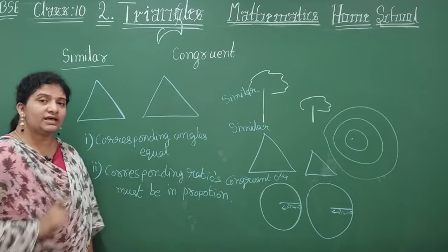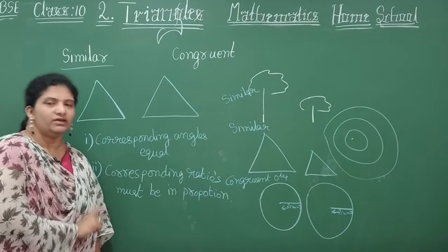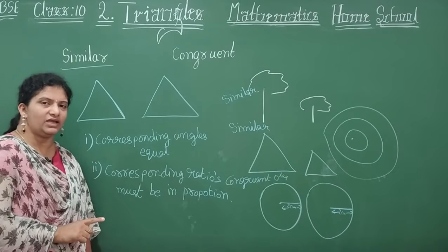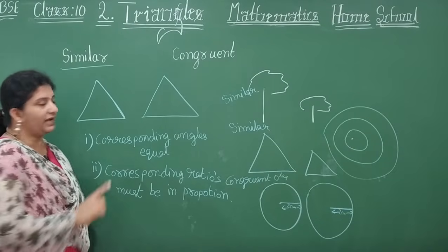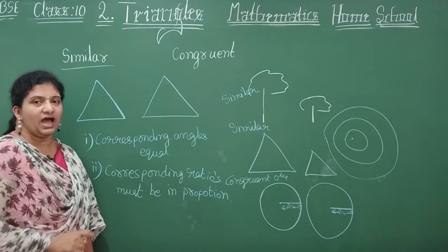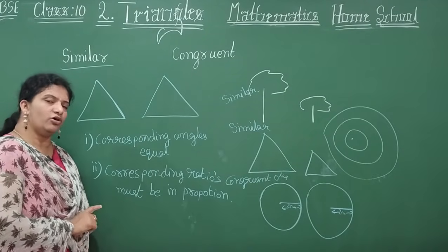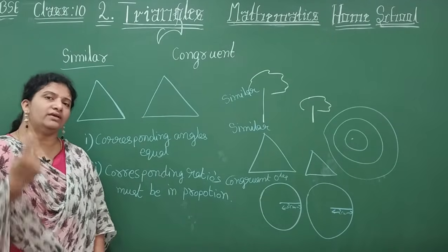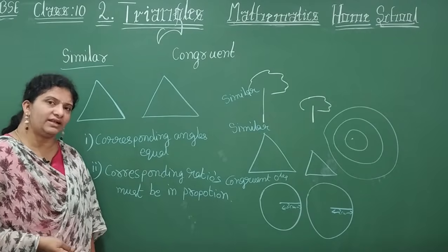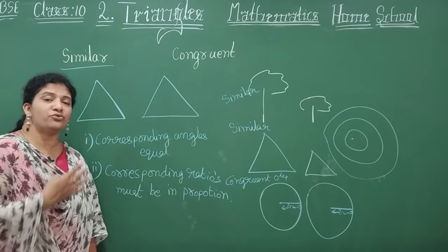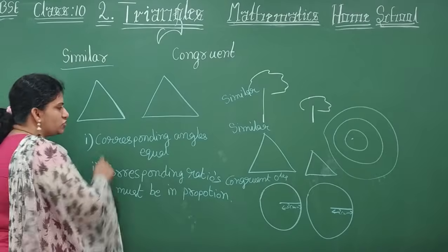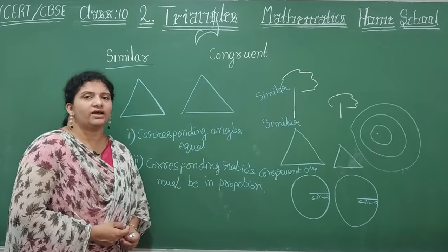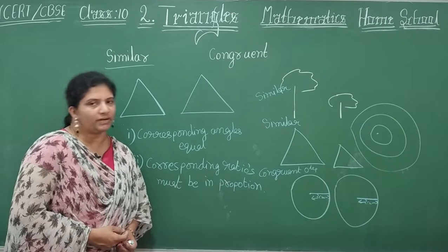When their corresponding sides are in proportion and their corresponding angles are equal, then the two figures are similar. Looking at the same shape, we may feel that they are similar, but the actual rules behind it are these two rules: corresponding angles must be equal and corresponding sides must be in proportion.